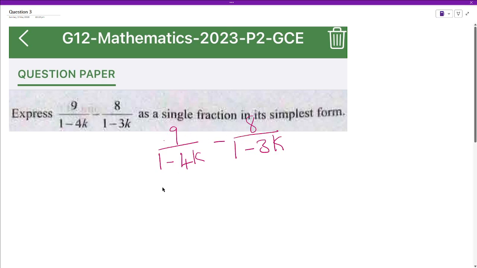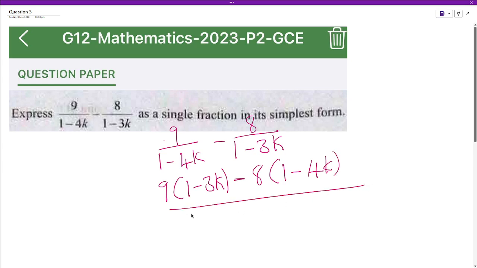So it's going to be 9 in brackets, 1 minus 3k, close bracket, bring down that negative, 8 times the other denominator. Then the denominators, we're going to have the same values we have up there as the denominators, 1 minus 3k, close.